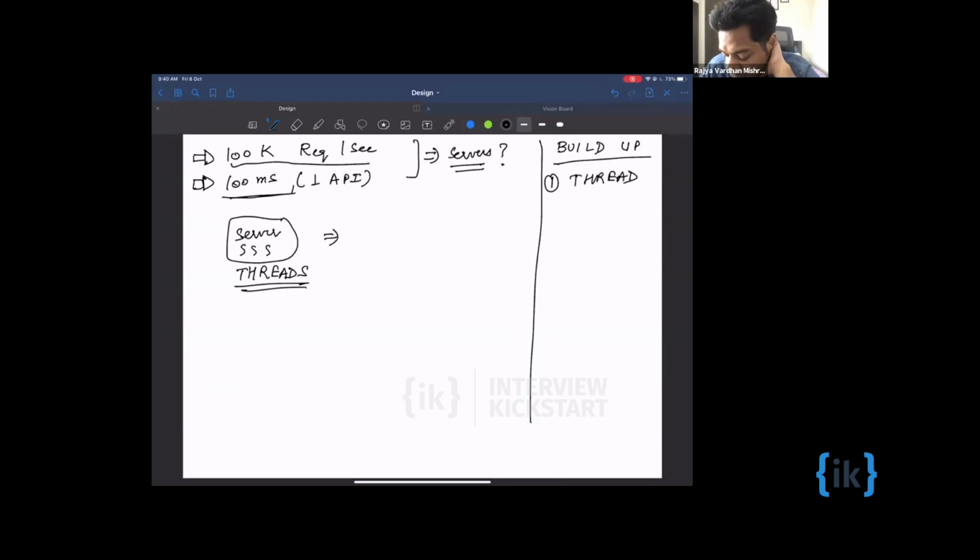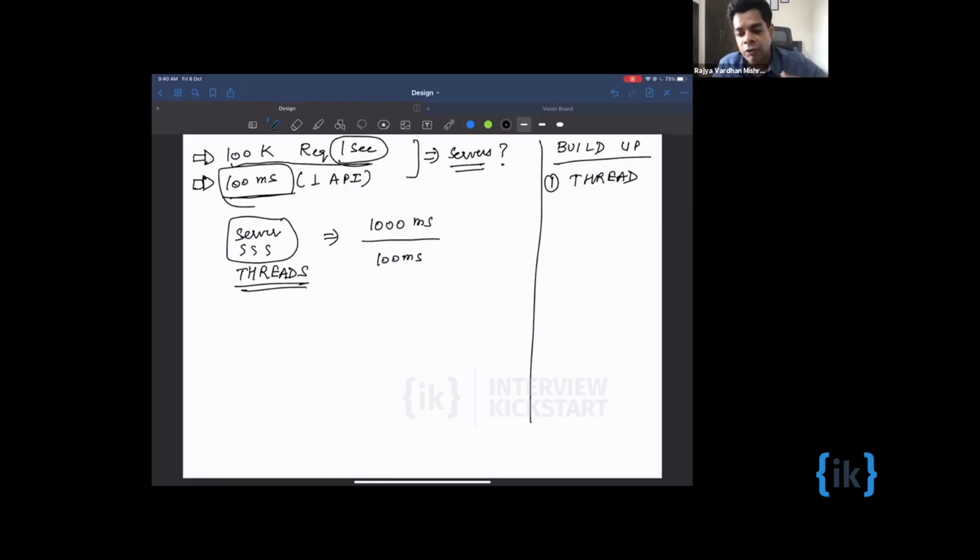The API is taking 100 milliseconds to serve one request, and there are 1000 milliseconds in 1 second, because we are talking about these numbers per second. So per second, how many requests are being served?